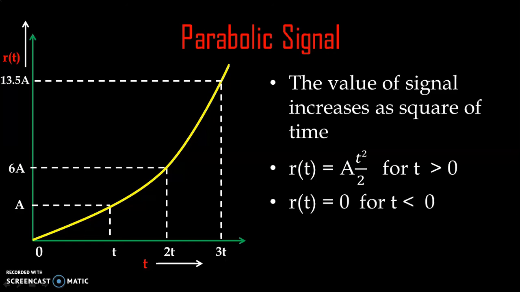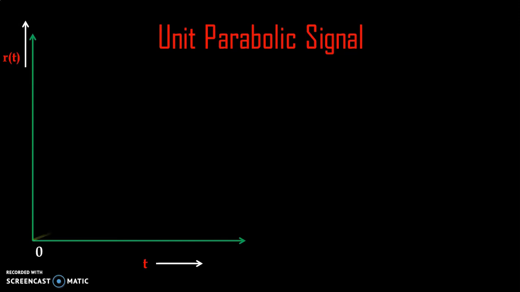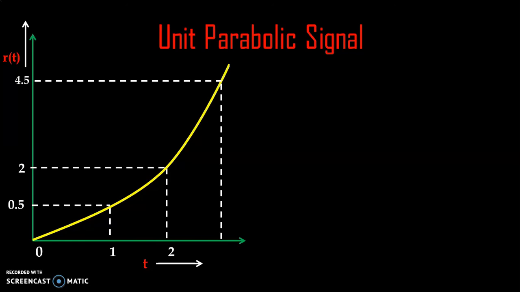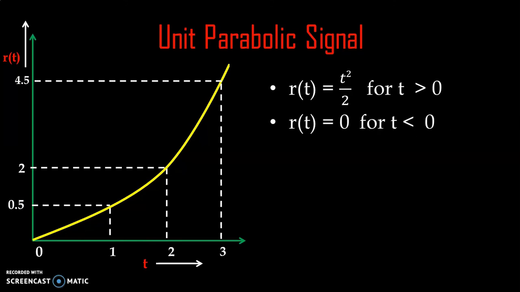R of t is equal to 0 for all values t less than 0. Unit parabolic signal. R of t is equal to t square by 2 for t greater than 0, and R of t is equal to 0 for all time t less than 0.